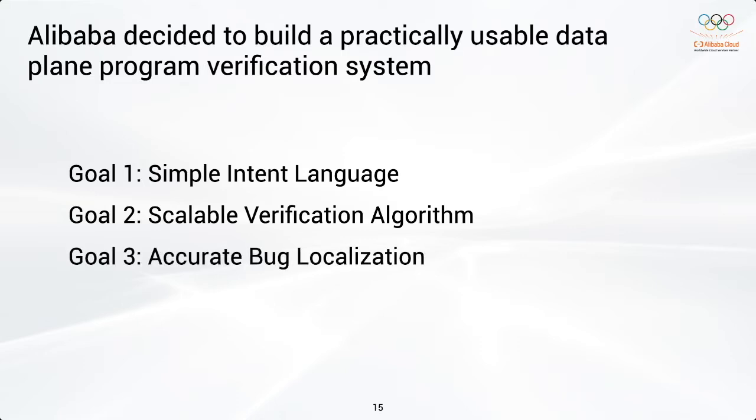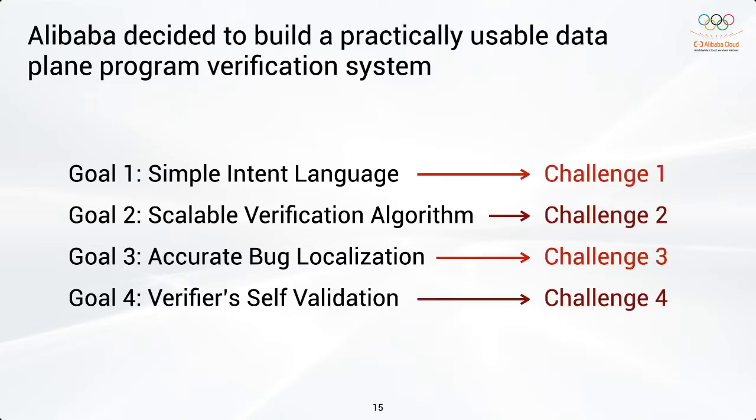When the verification task fails, the verifier should try to localize the bug, instead of just printing a counterexample on a trace. And last, the verifier should be confident in its verification result and try to avoid any false positives and false negatives. The above 4 points correspond to our 4 challenges.